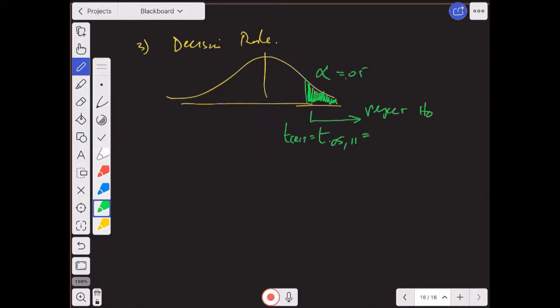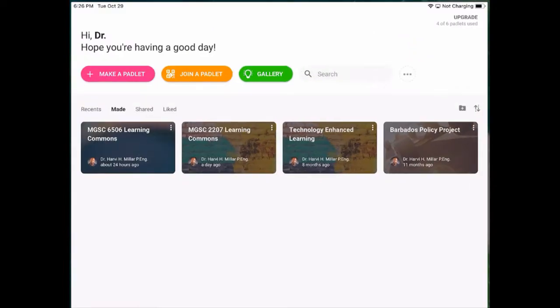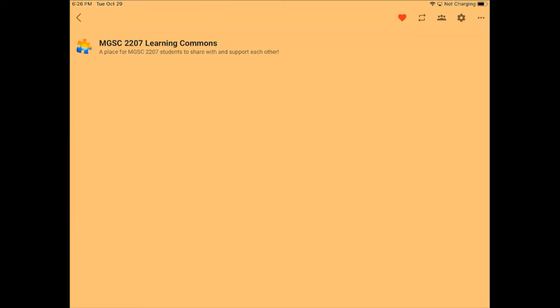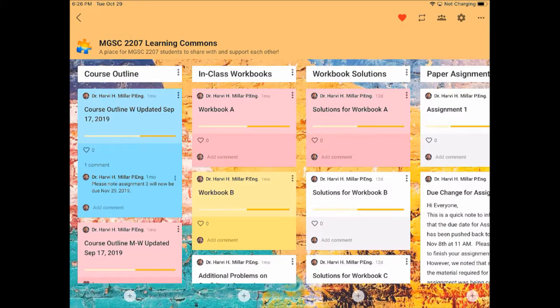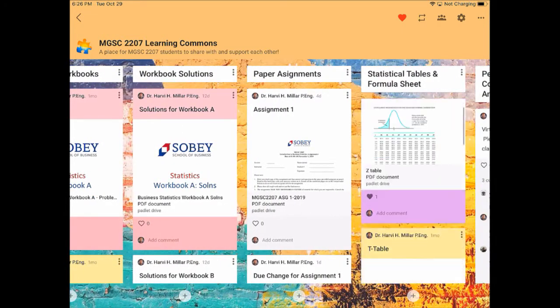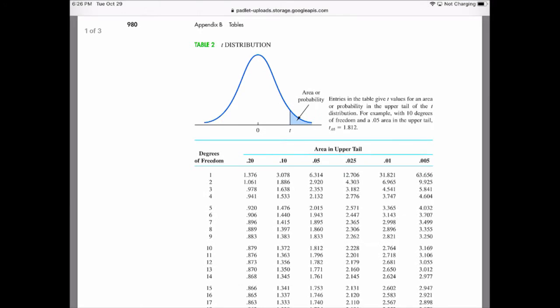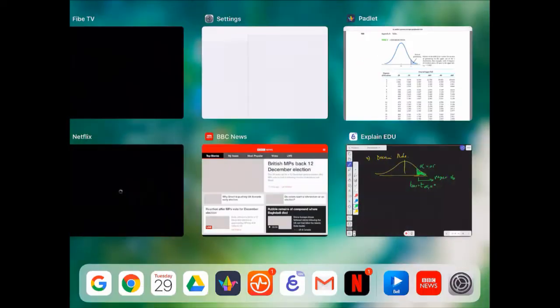We want 0.05 with 11 degrees of freedom, so I'm going to switch over to Padlet. And here we go. I should have had that value already, but sometimes I like to do things in real time. So 11 degrees of freedom, and the area in the tail is 0.05. So it's 1.796 is what we're getting.